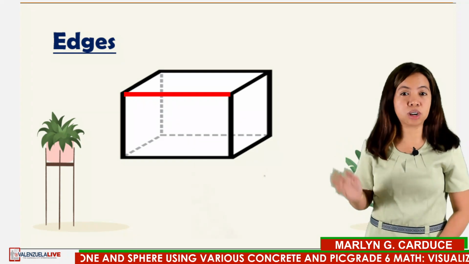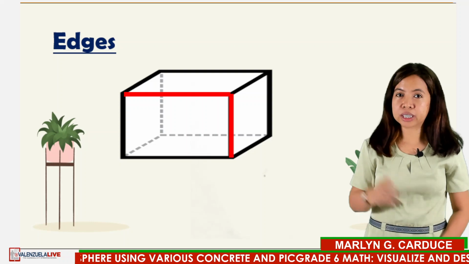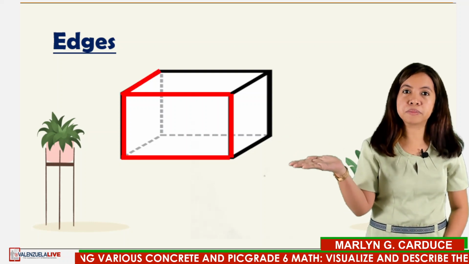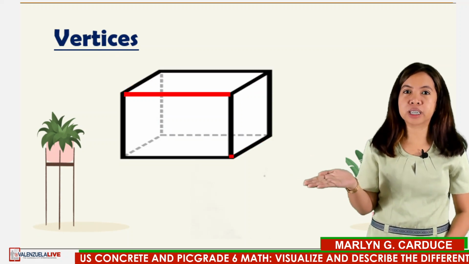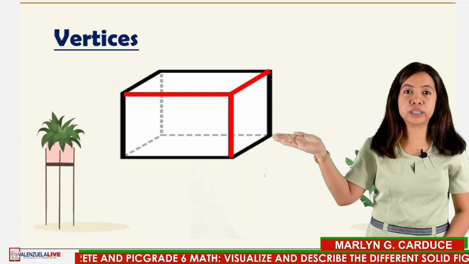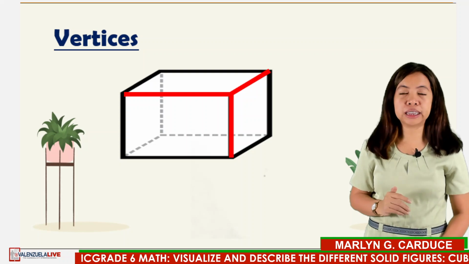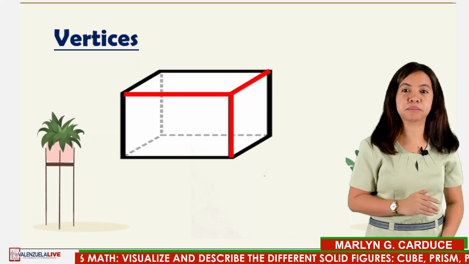It is the common endpoint where the edges meet, like in this figure again. We have the three edges, 1, 2, 3, and as you can see, they meet at exactly one point, and that point is called the vertex, or vertices.